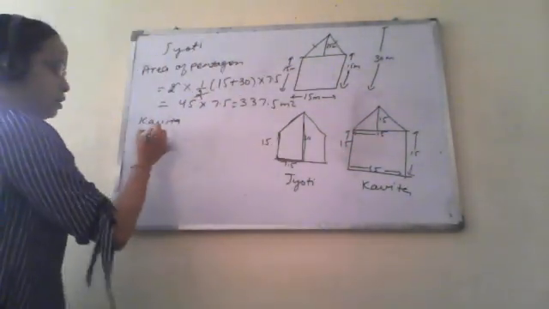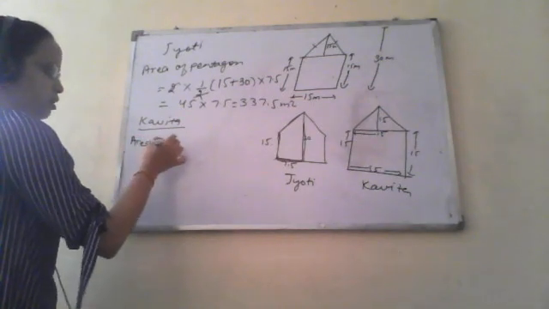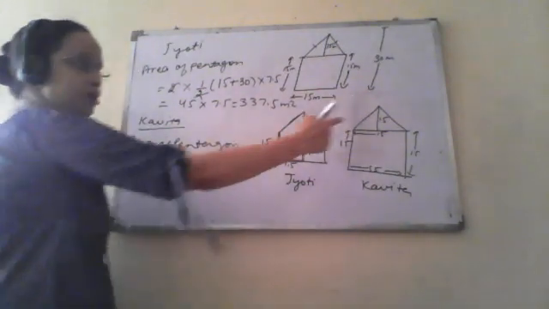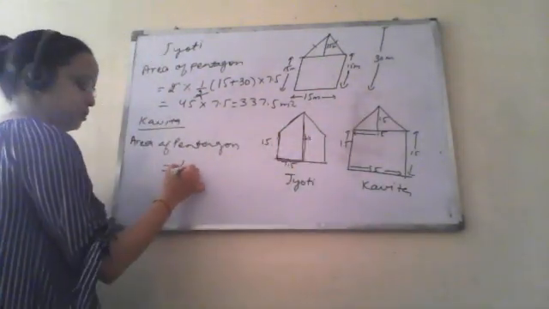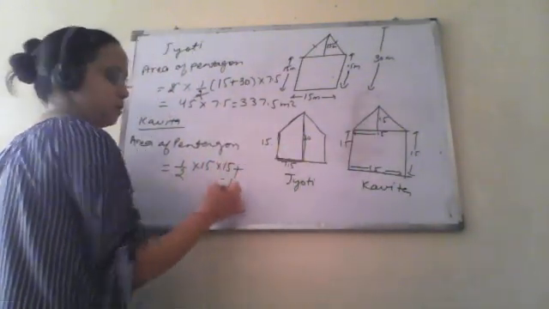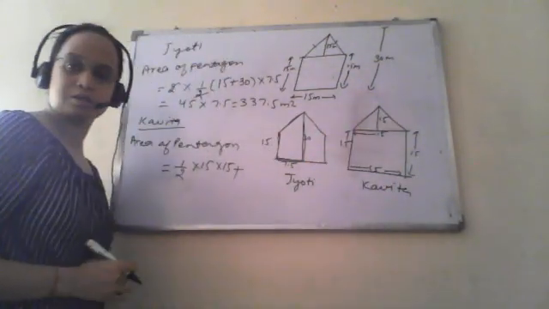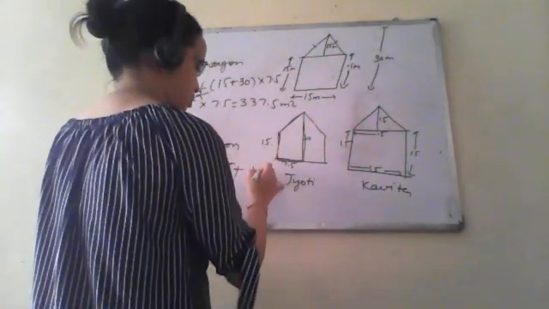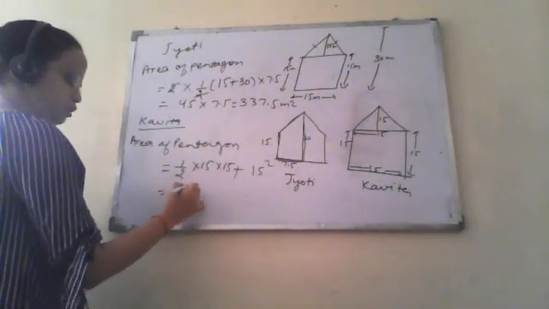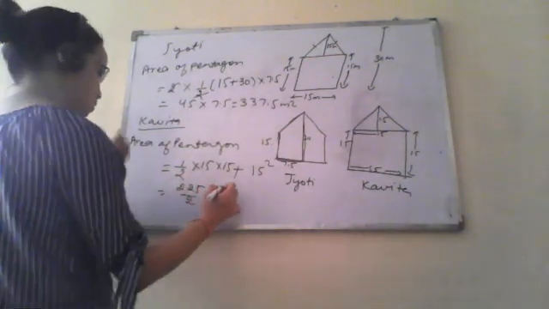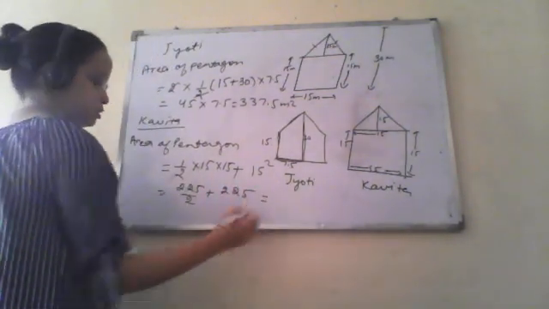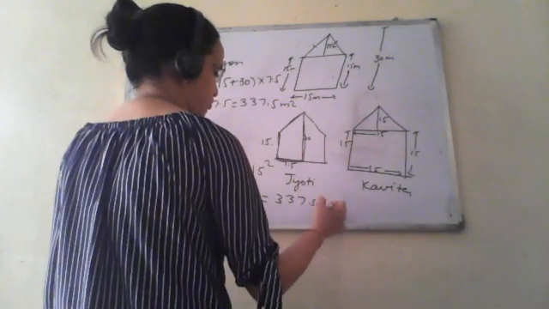So area of pentagon will be equal to area of this triangle, half into base 15 and height also 15, plus area of this square. Area of square will be 15 into 15. So this is 225 upon 2 plus 225. When we calculate, it will be 337.5 meters square.